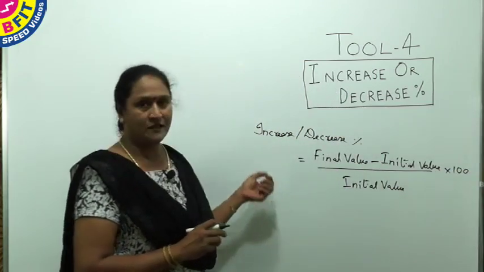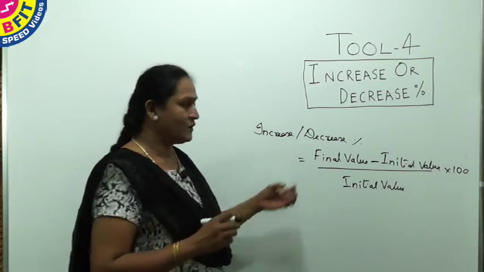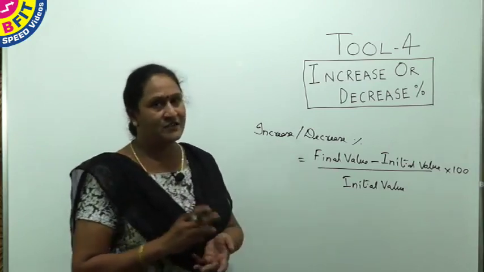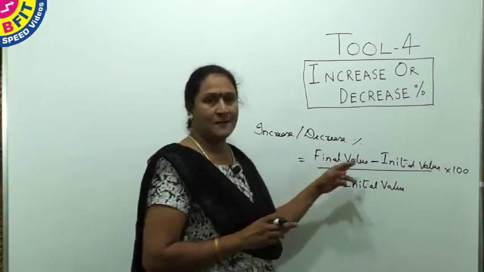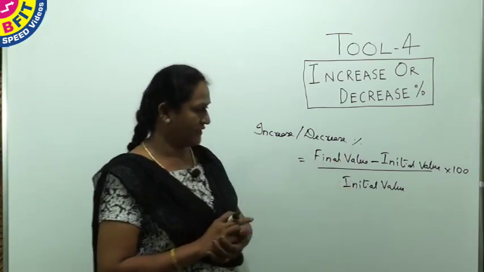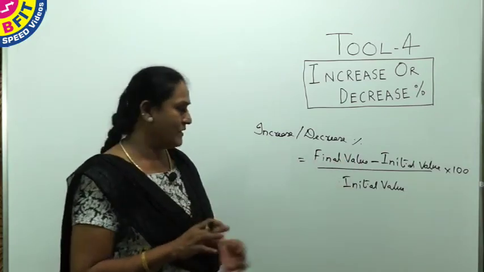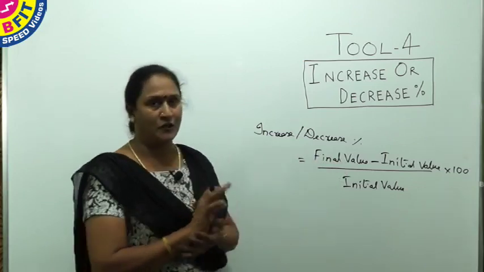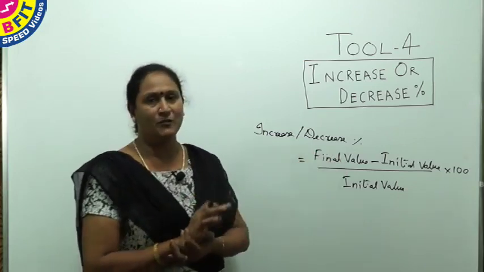So to find the increase or decrease percentage, we'll see the difference between the two values, that is final minus initial by initial value into 100. So always initial value should be written in the denominator and difference in the numerator.